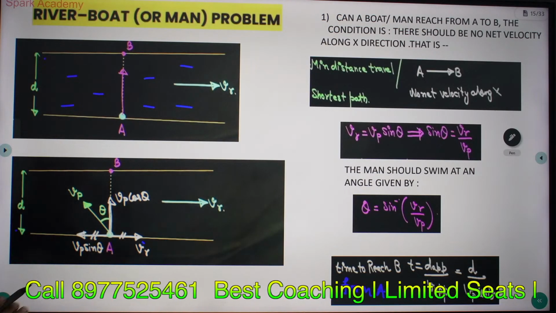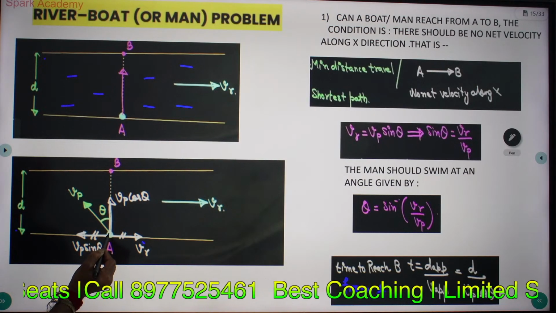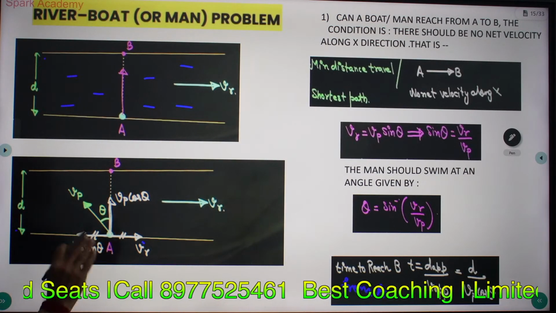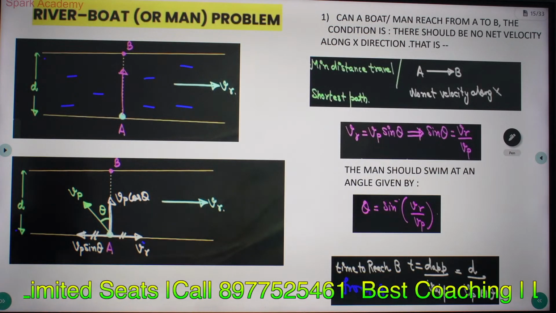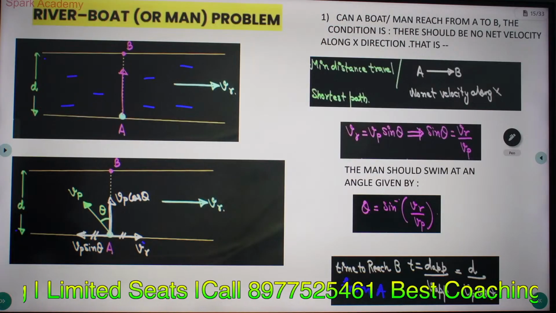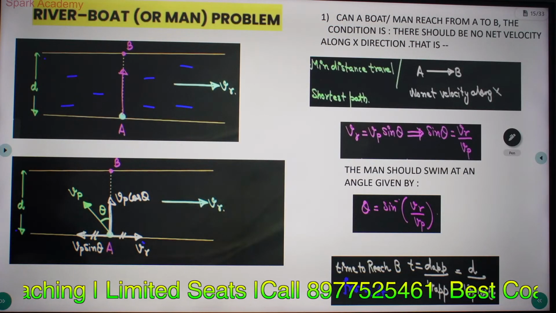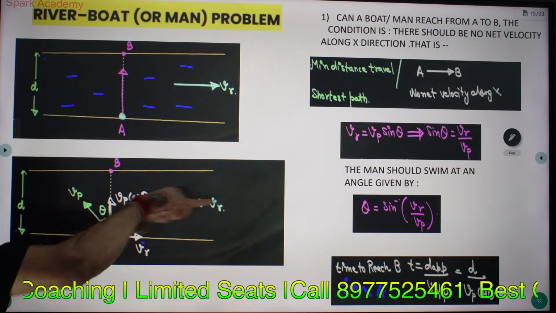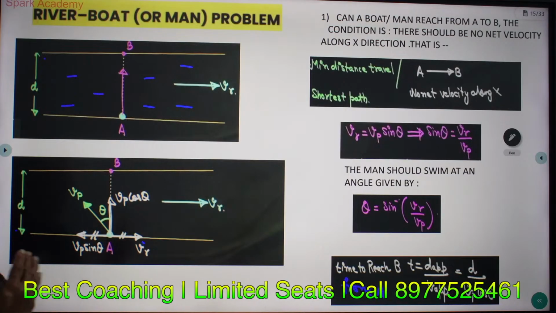Now what is the logic? For the man or the boat to reach from A to B, there should not be any net horizontal velocity in the x direction. Now there is a velocity of the river in the x direction, so the boat is being pushed in the positive x direction. But in a very cunning manner, what is being done?